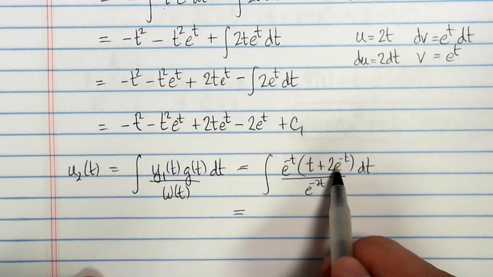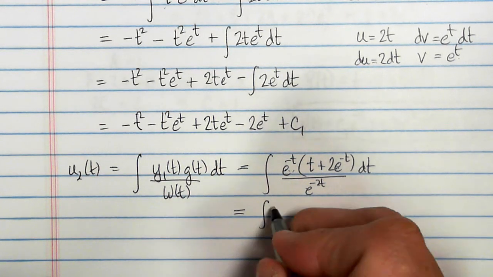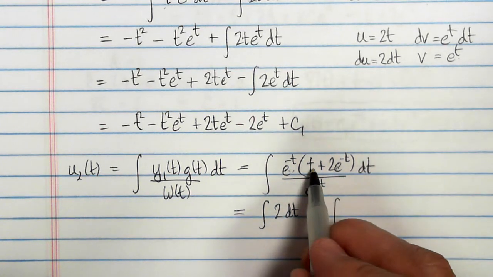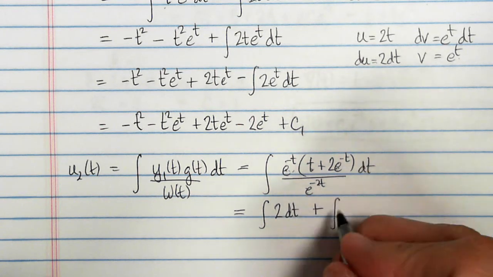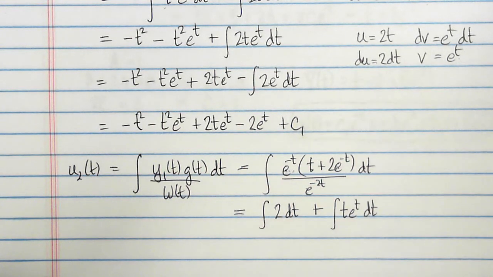Okay, multiplying out. Let's do the right side one first. e to the minus t becomes e to the minus 2t, canceling out the bottom, so I get integral of 2 dt. The second one, I get t times e to the minus t over e to the minus 2t becomes t e to the t dt.